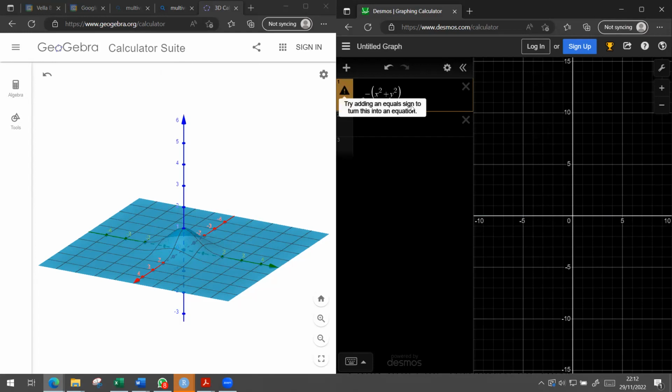In fact, it tells us it will take it as an equation, and that would be okay. That will give you a curve again. Now, if I take a specific x, call it a, that's not going to work because Desmos wants it differently. Okay, so I'll take a specific y.